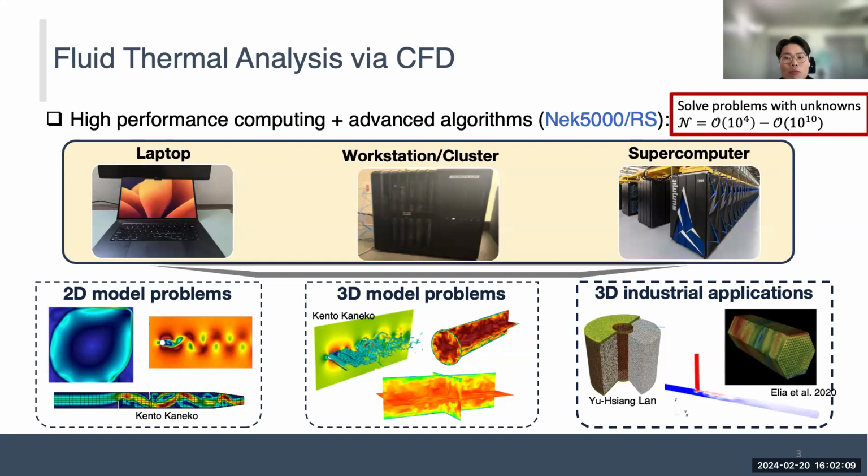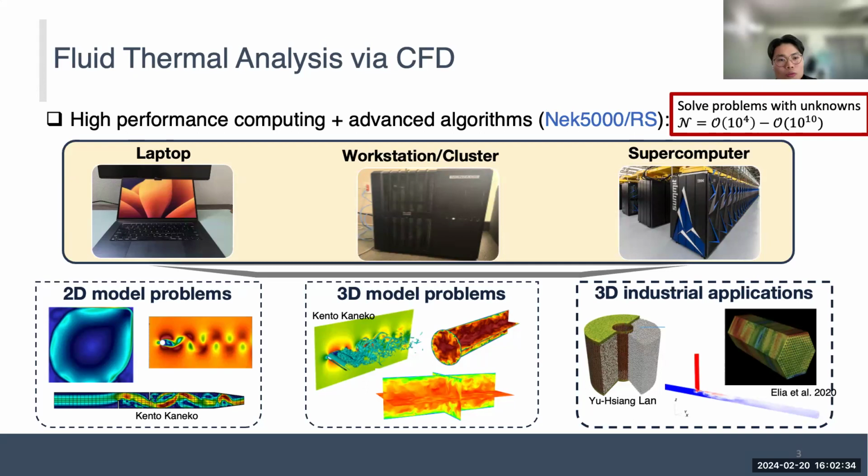And thanks to high performance computing and advanced algorithms, we're now able to solve problems with unknowns ranging from thousands to billions. The notation we use for the unknowns is a script n. Now we can solve 2D model problems on our laptop and can probably solve a small 3D problem with a powerful GPU like the M2 Pro.